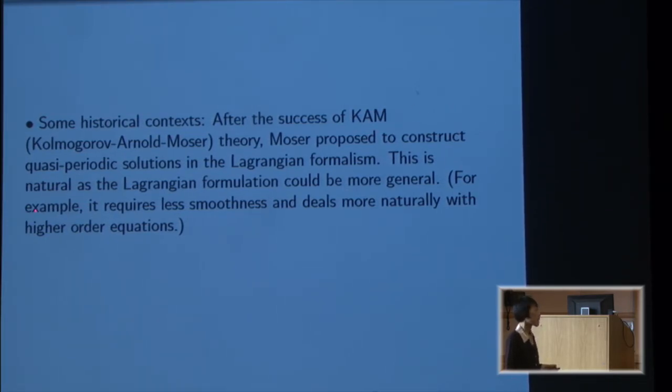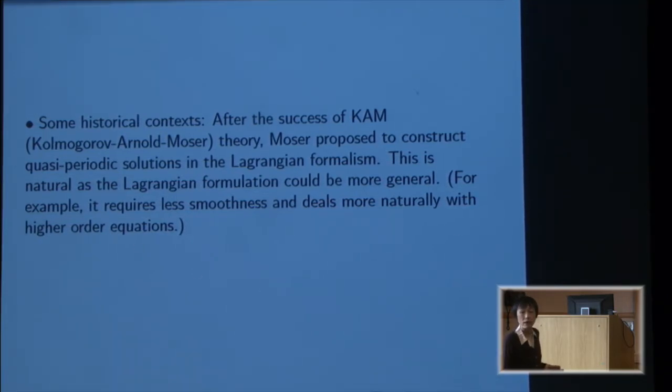This is natural, and there is another reason, an analysis reason. We can see that the Lagrangian formulation could be more general. For example, it requires less smoothness. It's a functional, and deals more naturally with higher order equations.